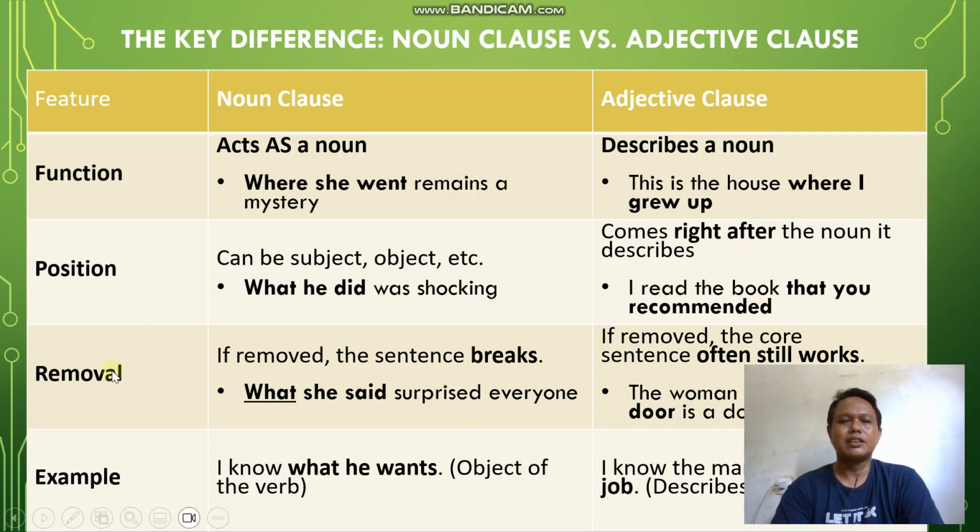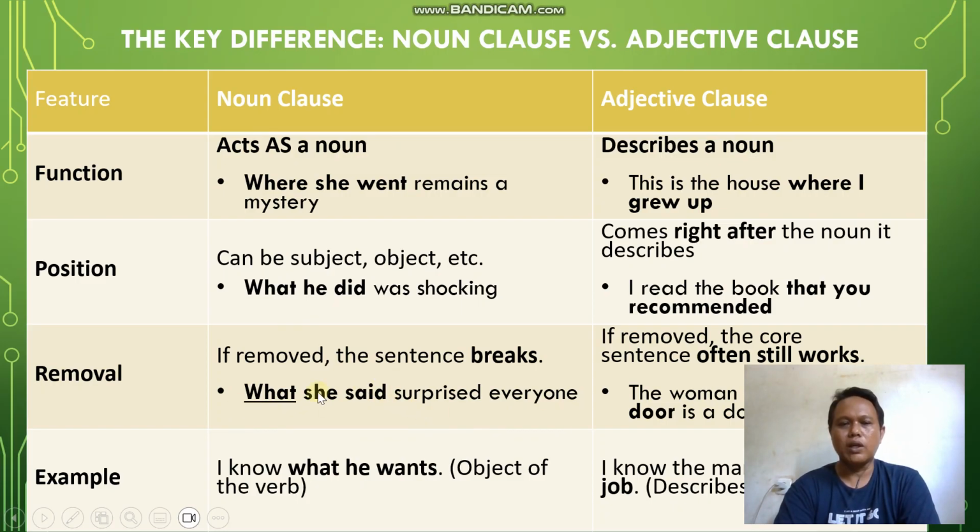The third is removal. Noun clause. If we remove a noun clause, the sentence breaks. We cannot understand the meaning of the sentence when we remove the noun clause. For example, what she said surprised everyone.